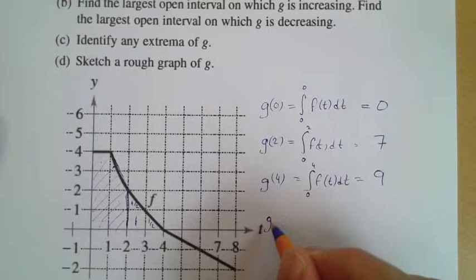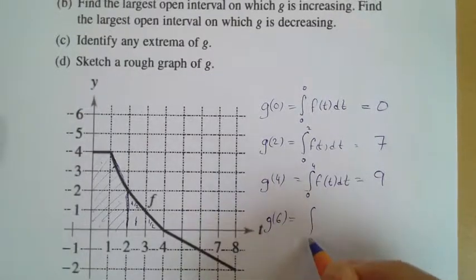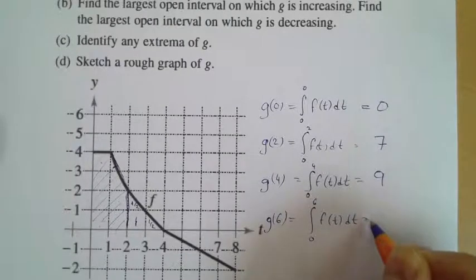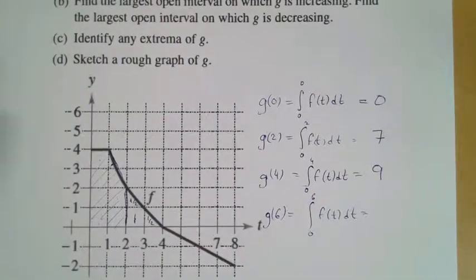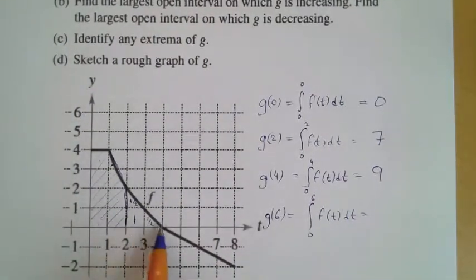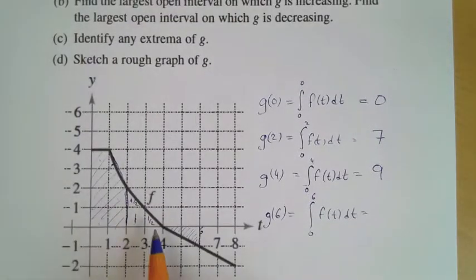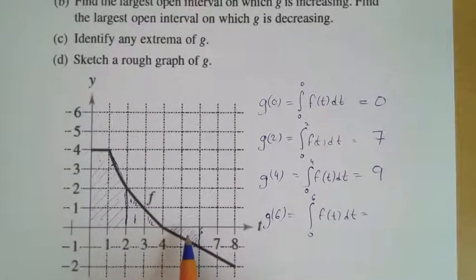g of 6, the integral from 0 to 6 of f of t dt. What happens is the integral is assigned area, so when we go beyond that x-intercept to 6, we actually have an area that we need to subtract from our integral. What is this area here?